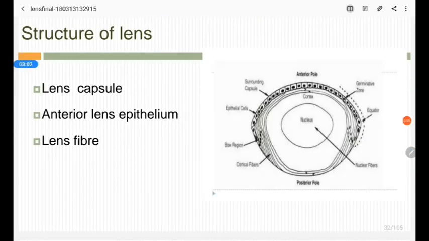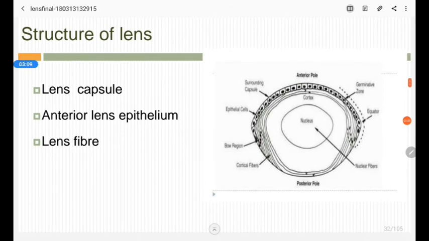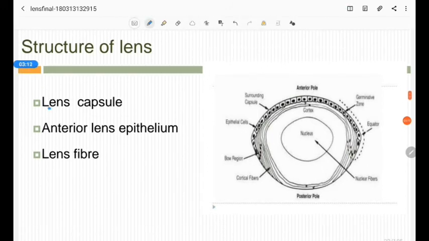Now the structures forming the lens are the lens capsule, the anterior lens epithelium, and the lens fibers.